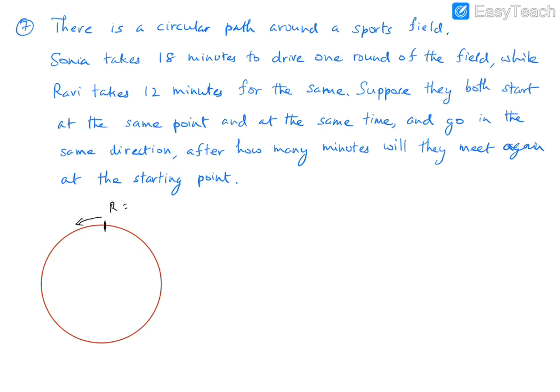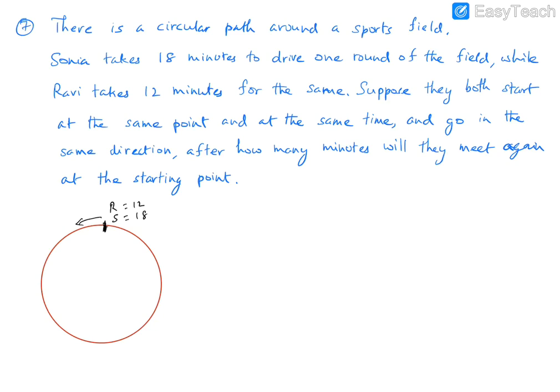Ravi will complete one round after 12 minutes, and Sonia will complete one round after 18 minutes. So at 12 minutes, Ravi would have reached the starting point, but Sonia would not have reached yet, because Sonia requires 18 minutes to reach there. So they cannot meet here. They will not meet after 12 minutes or 18 minutes. That means they will not meet at the first round.